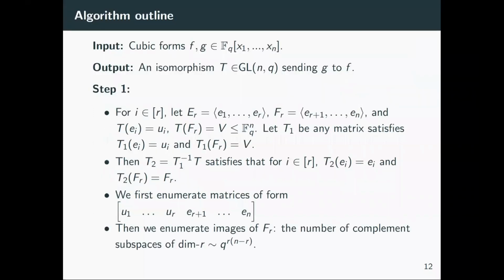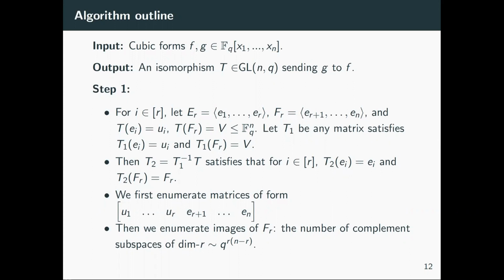Okay, let's review this algorithm. Firstly, the input is two cubic forms F and G in F_q, and we have an isomorphism T in GL(n,q) sending G to F. In the first step, for i from 1 to R, we have E1 to ER span E_R, and we also have F_R spanned by E_(R+1) to E_n. The isomorphism T maps Ei to Ui.